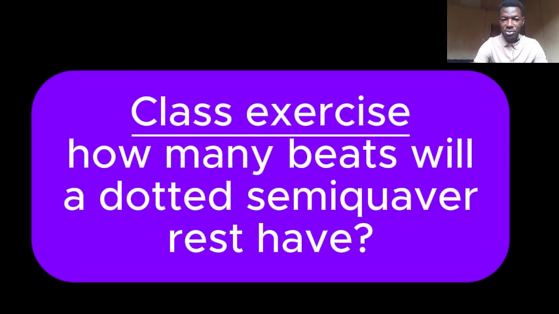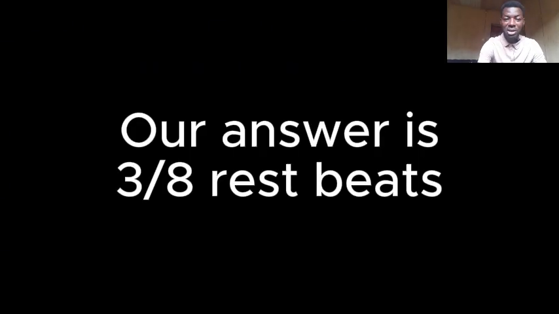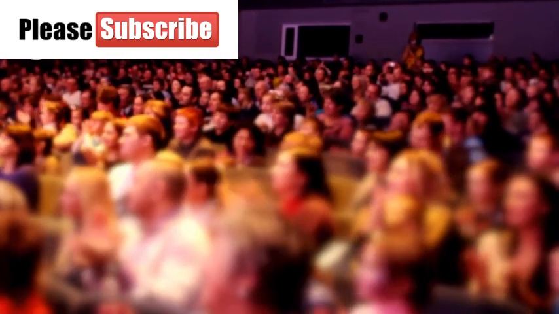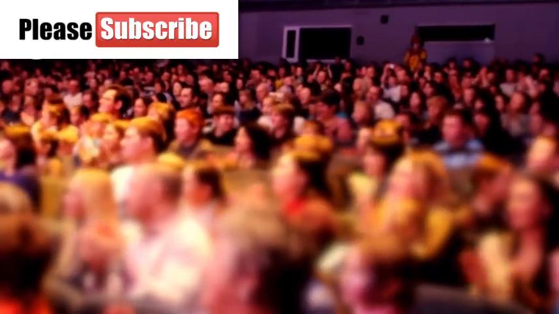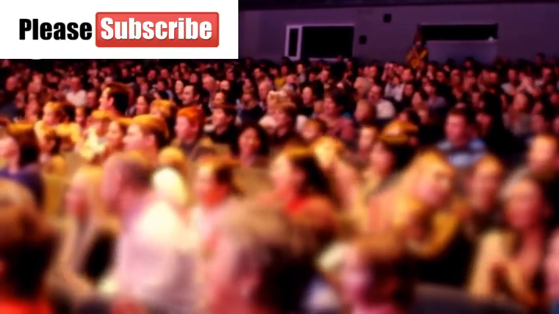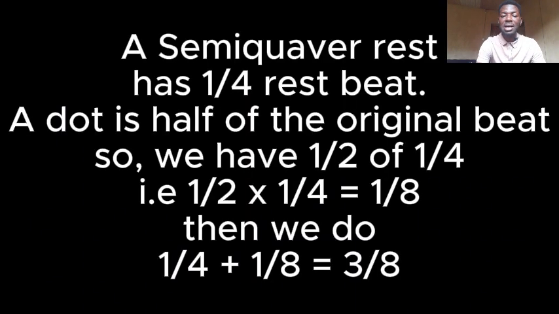So yes, do you have your answer now? Okay, so let's look at it together. If you got 3/8, you are absolutely correct. How do we get that? A semiquaver rest has 1/4 rest beat, just like a semiquaver will have 1/4 beat, right?